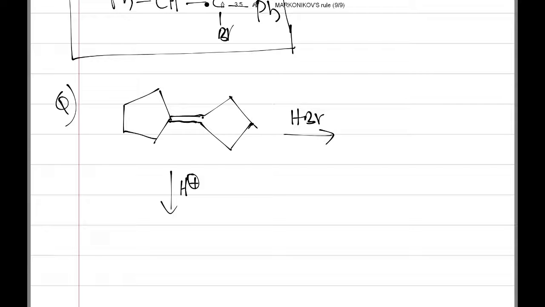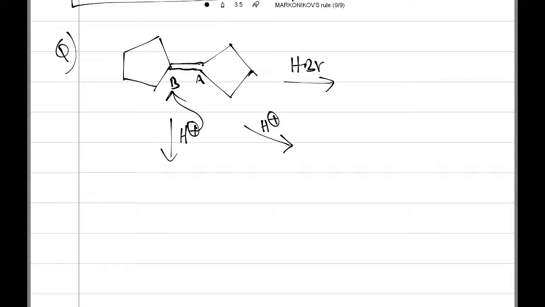Here also there are two possibilities. One is that H plus may be attached to the A carbon, or it may be attached to the B carbon. So we will write those two here. If H plus is attached to the B carbon, we can get this product, where there is a positive charge.